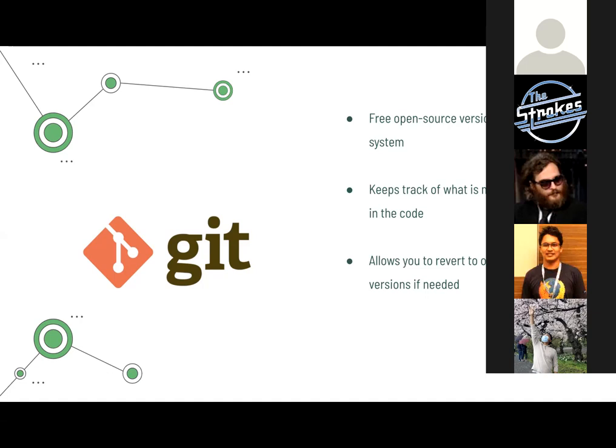If any of you have used Instagram this summer, you saw a lot of visual changes, and a lot of users didn't like it, so they had to revert to the old version. That wouldn't have been possible without Git or GitHub. Or it would have been, but it would have taken a lot longer. They would have to make it from scratch. And with version control, it's very easy to go back.